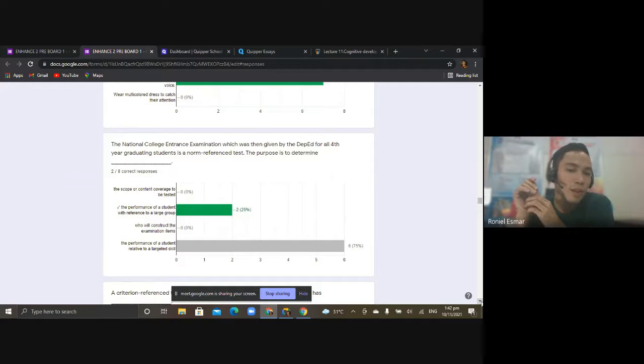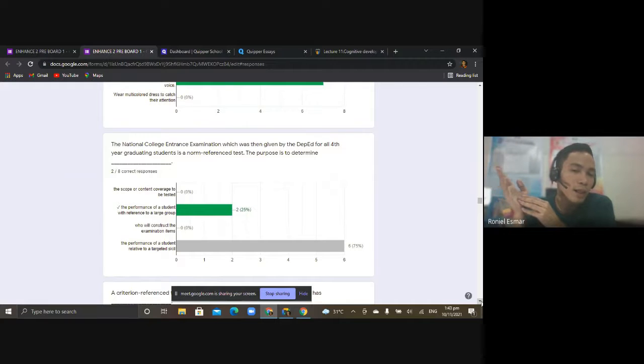So in the norm reference test, it is the performance of a student with reference to a large group. How well a particular student performed in relation to the rest of the takers.